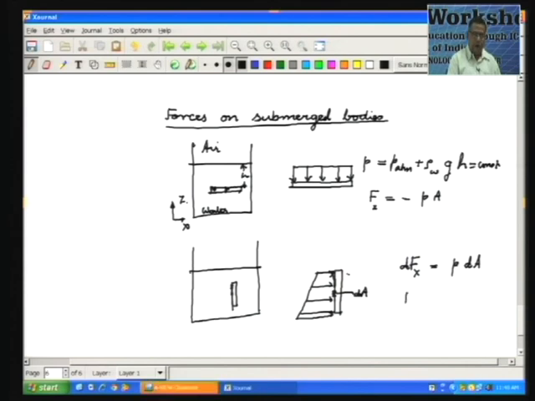So, the net force on this surface is the integral of dF_x, which is the integral of P into dA. So, you see the utility of finding the pressure distribution. It can be used to find the force exerted by the fluids on submerged solids.